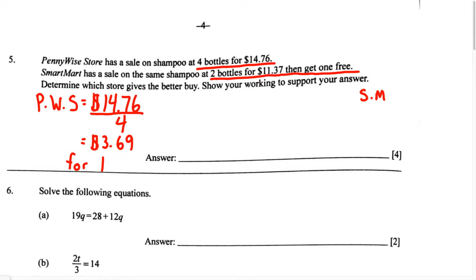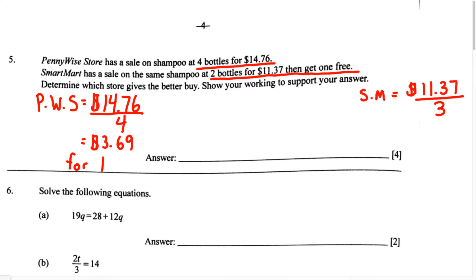Now, you must understand what the question is saying. So you get 2 bottles for $11.37, but you get one free. We have to factor that in when we start to work this problem. We can say $11.37 divided by 3 bottles.